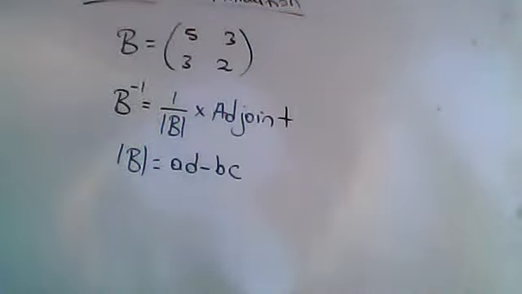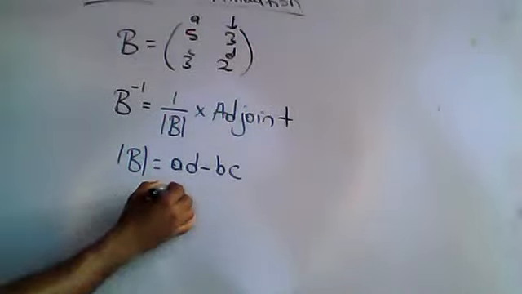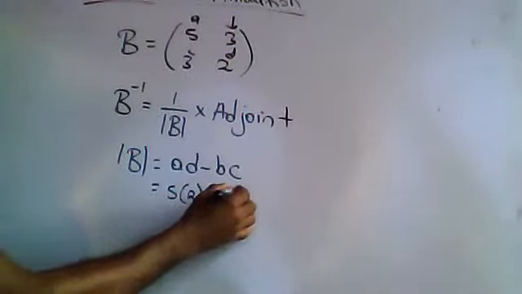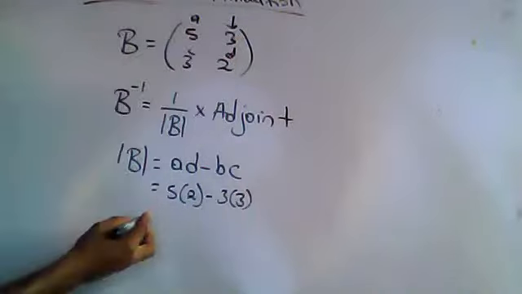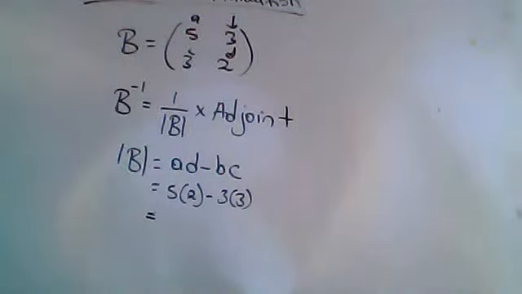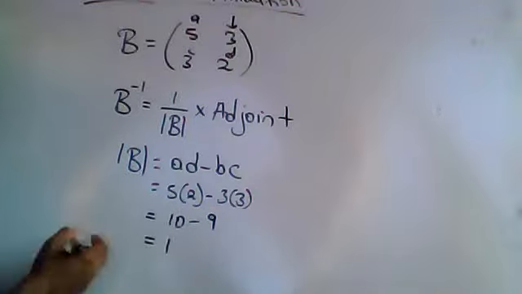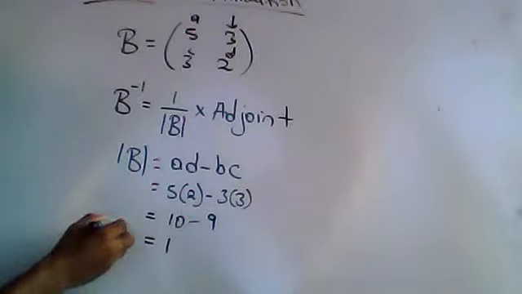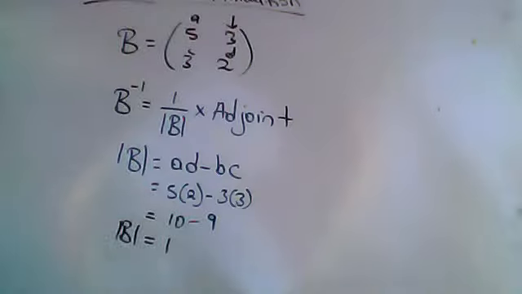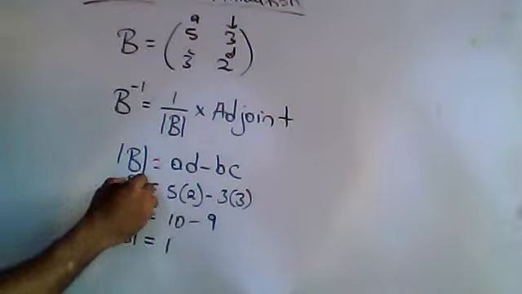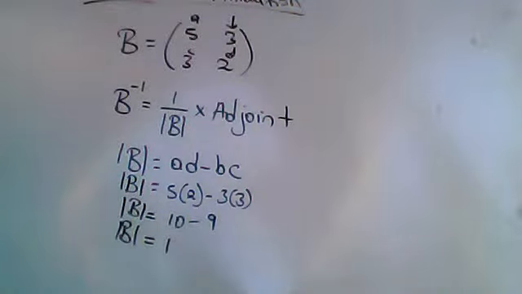So remember, this is A, this is B, this is C, and this is D. A is 5, D is 2, so it's 5 times 2 minus 3 times 3. So this is going to be 10 minus 9.